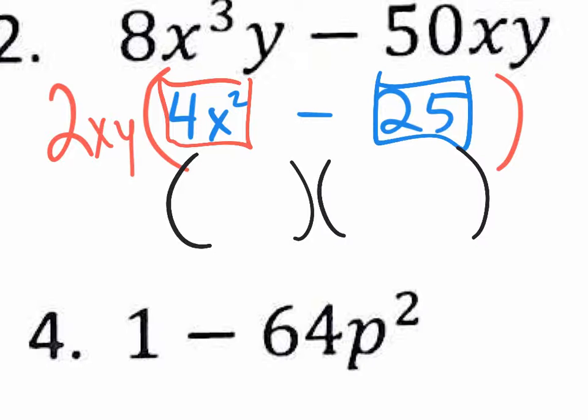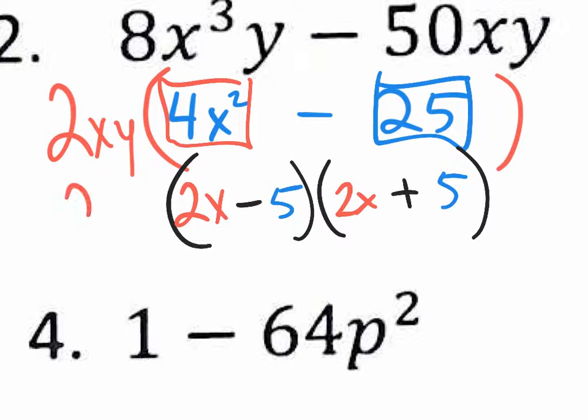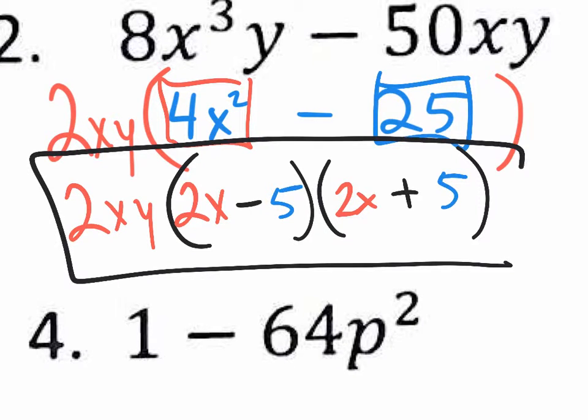So the square root of 4x squared is, anybody? 2x, and the square root of 25, 5. So you have the 2x and the 5. And of course, the signs have to be different. And what about that GCF that we pulled out? We bring that down. Ladies and gentlemen, this is the final factored form of number 2.